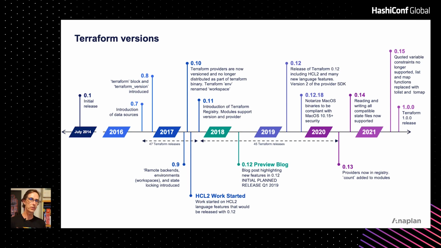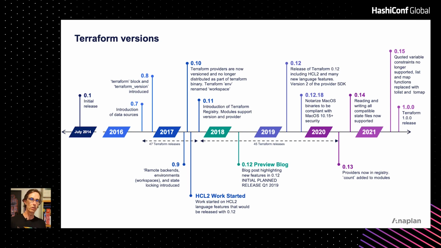That blog post stated, hey, we're going to release Terraform 0.12 with HCL2, with very big language changes, in Q1 2019. Now the work for HCL2 actually started about 6 months prior to that blog post.